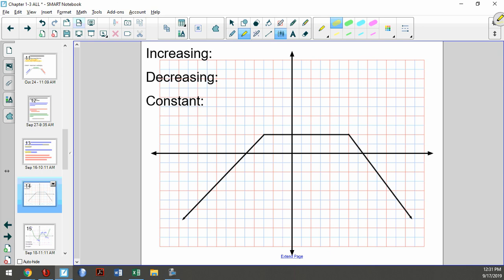So the very first thing you're going to do is find the points on the graph where it changes direction. Can you tell me where the points on the graph change direction here? What is the first ordered pair where it changes direction? -3, +2. What's another point on the graph where it changes direction?